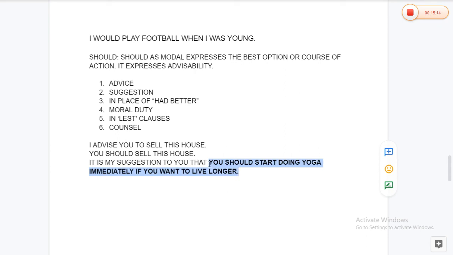You should is already there in the sentence. Whenever you have a suggestion, you will use should there.